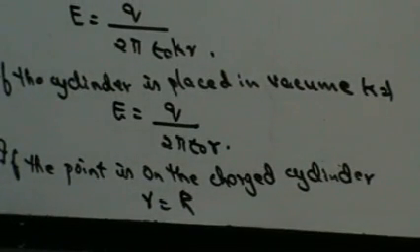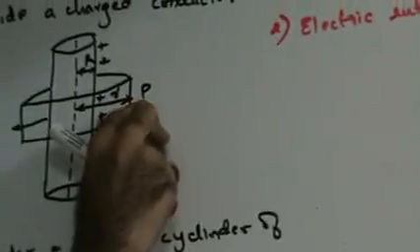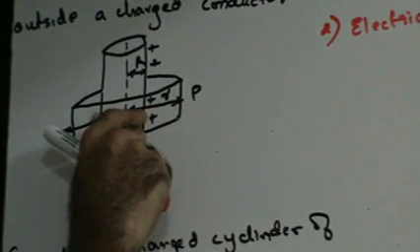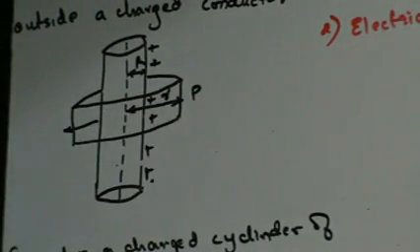That's vacuum or air, and for vacuum and air, K is 1. And suppose this point P, instead of being near the charged cylinder, is on the charged cylinder, then the value of small r and capital R will become the same. So that is the last thing that I've done.